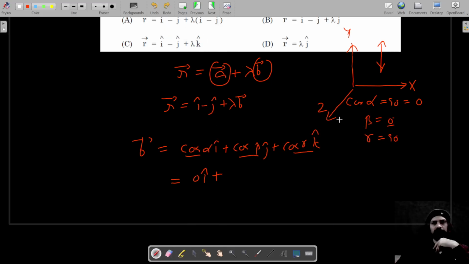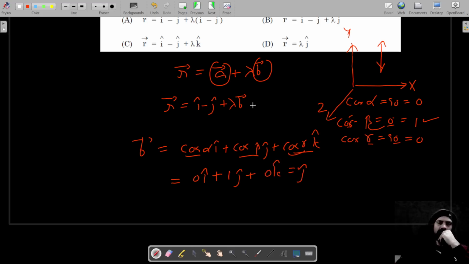Beta is 0, so cos 0 is 1, and this is 1 into j cap. Gamma is 90 degrees, so cos gamma is 0, and this is 0 into k cap. So b vector is equal to j cap.